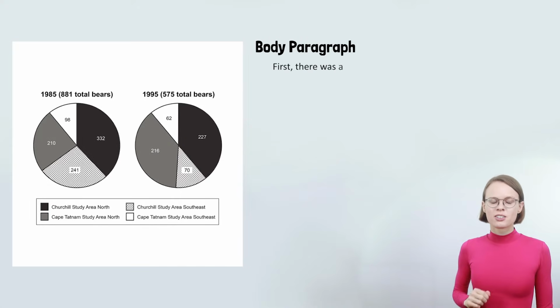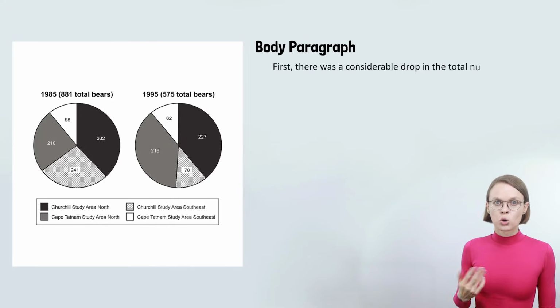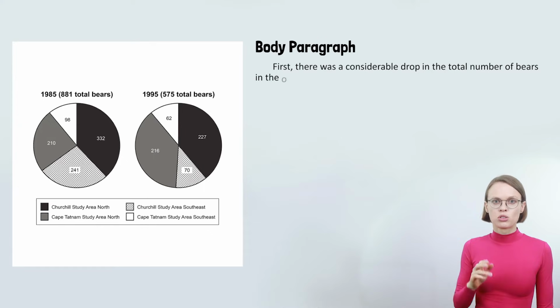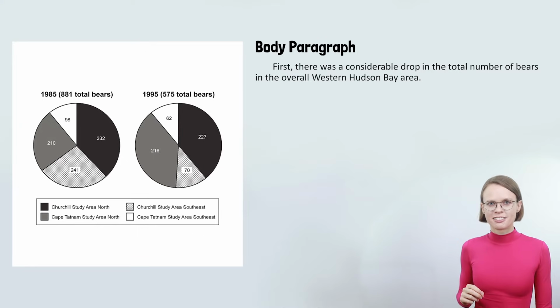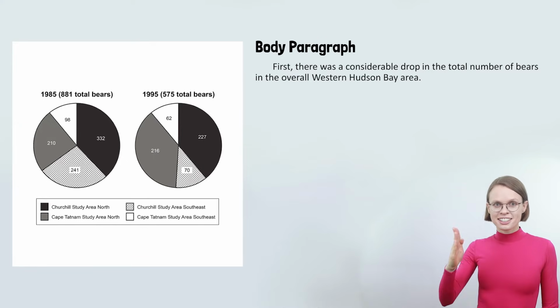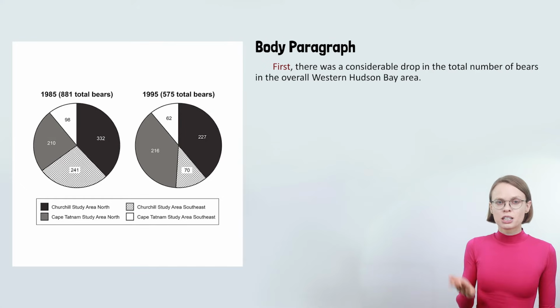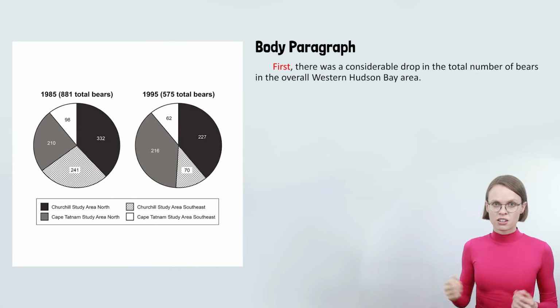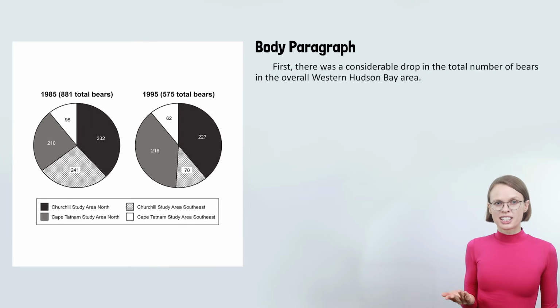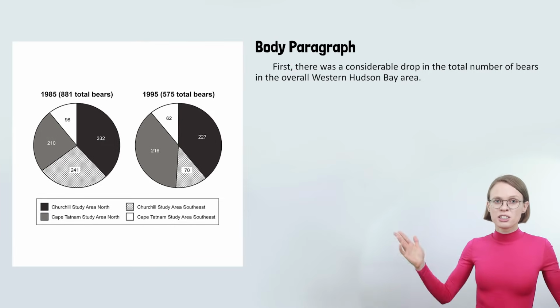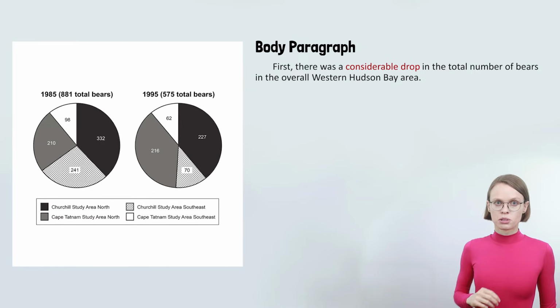First, there was a considerable drop in the total number of bears in the overall Western Hudson Bay area. I indented the first line and started with "first." Giving my answer a great structure makes it easy to follow the argument. I want to point out that there was a huge decrease in the number of bears, so I used "considerable drop."